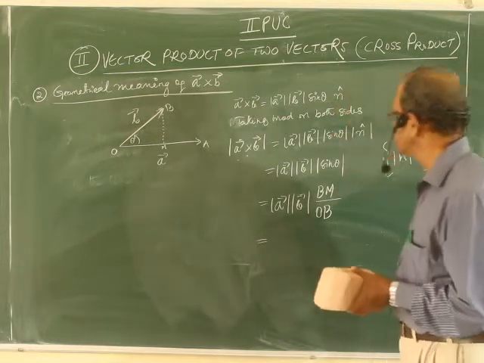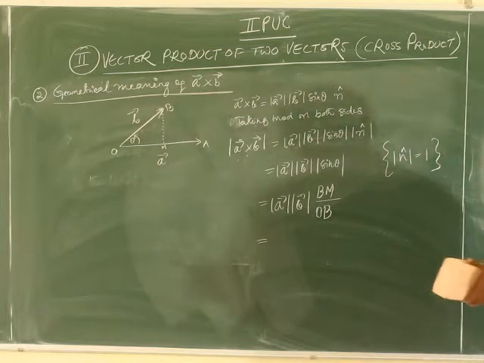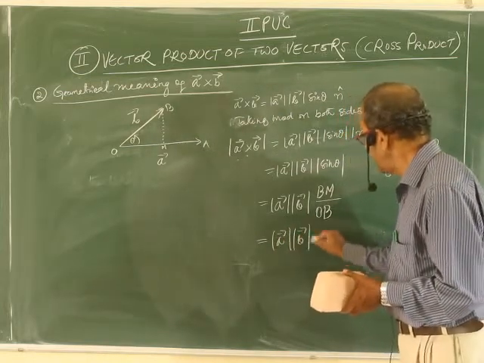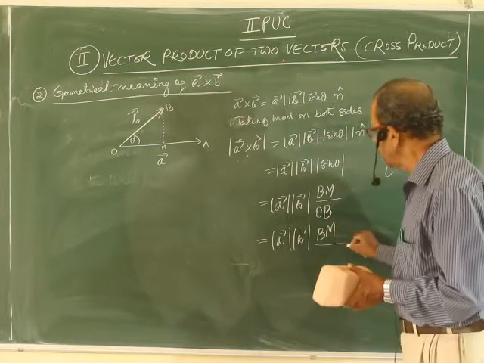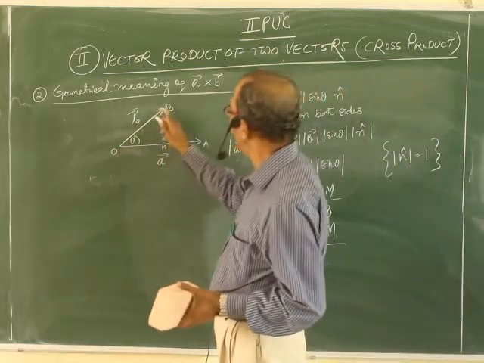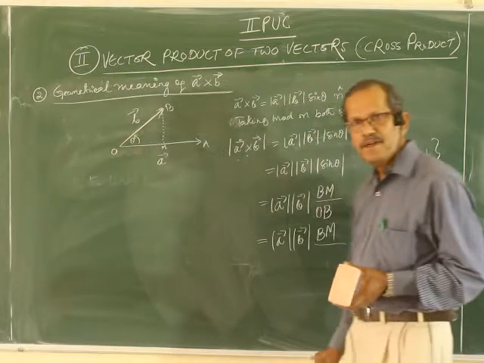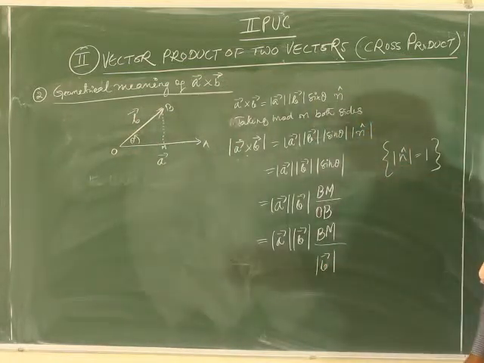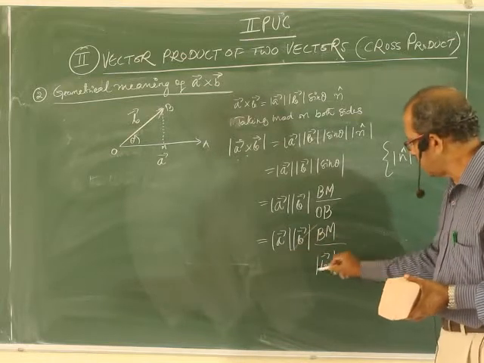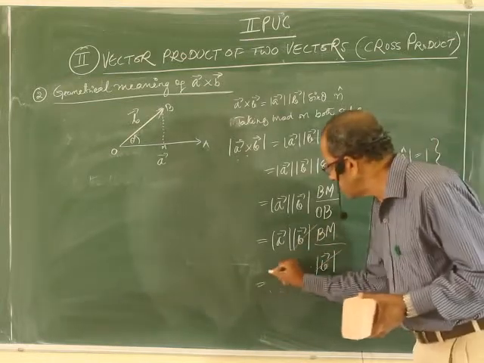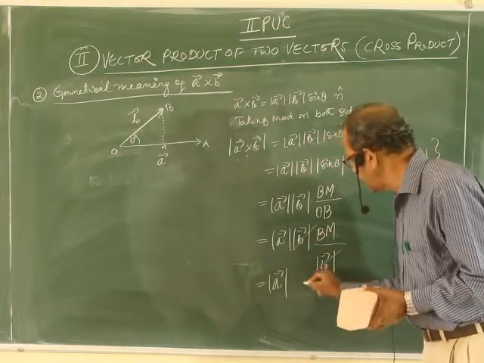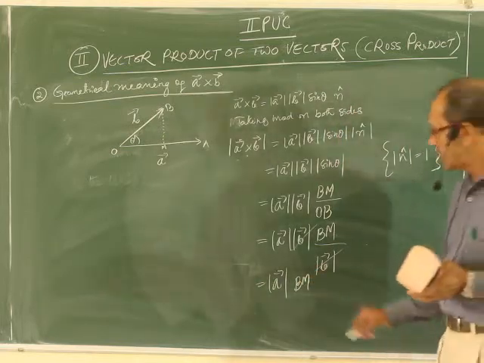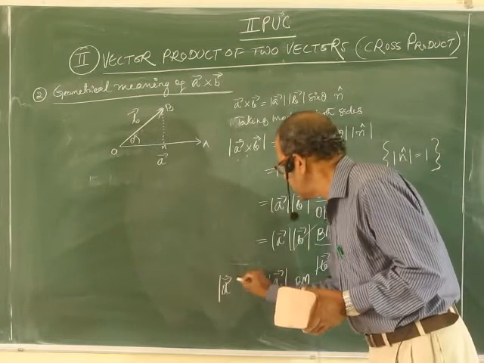So mod A mod B into BM over OB, but OB is once again the modulus of the vector B. Therefore this mod B cancels. You get mod A into BM. Mod A cross B is that.